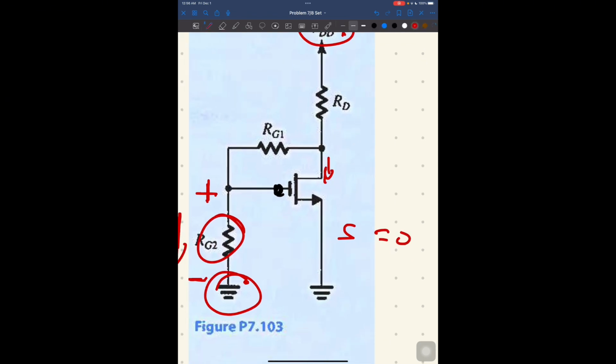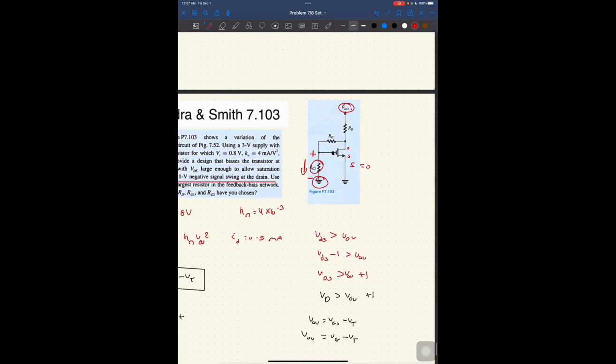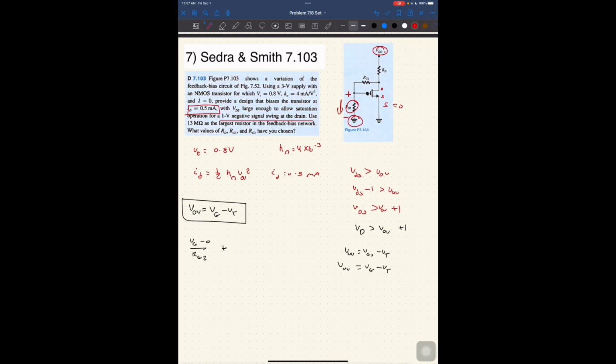Well, yes. Does current flow from drain to source? It absolutely does. Does it flow from drain to gate? In this case, yes, it does as well. So we're just going to assume that it does, and we will go from there.